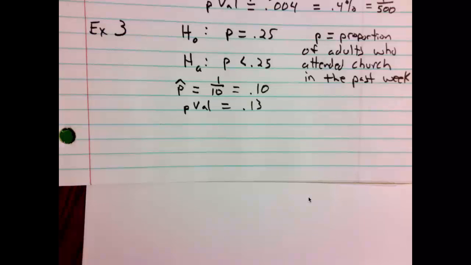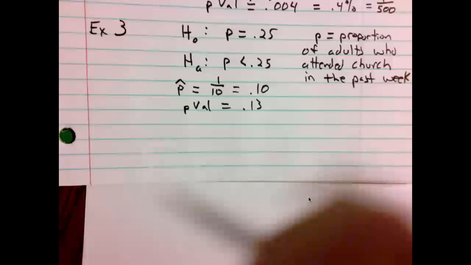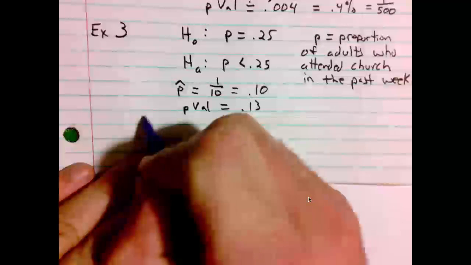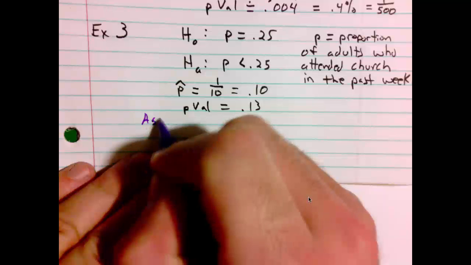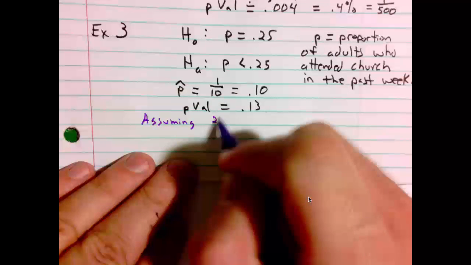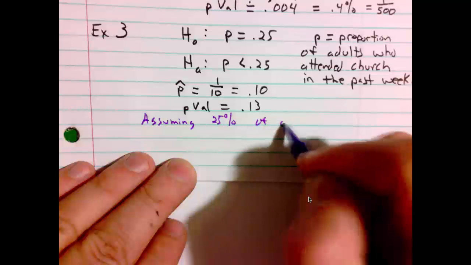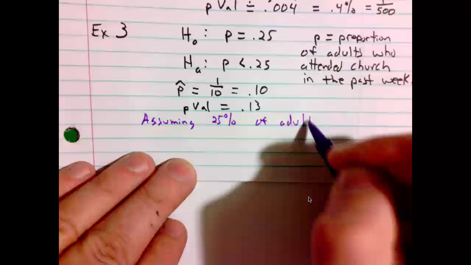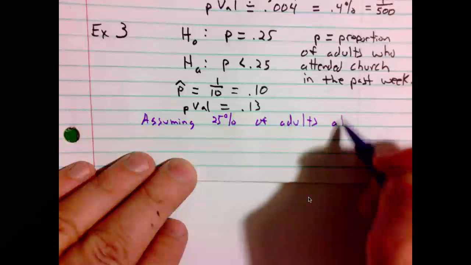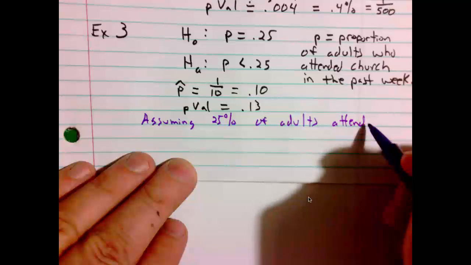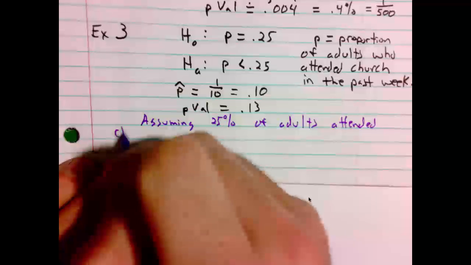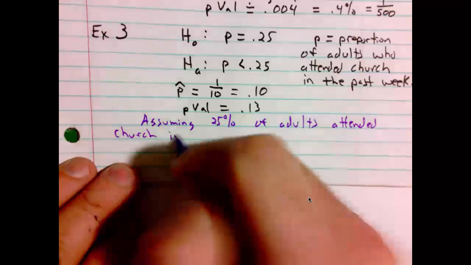Okay, our interpretation of our p-value. We start with assuming H0 is correct. Assuming 25% of adults attended church in the last week.